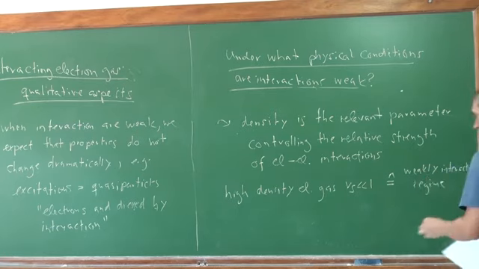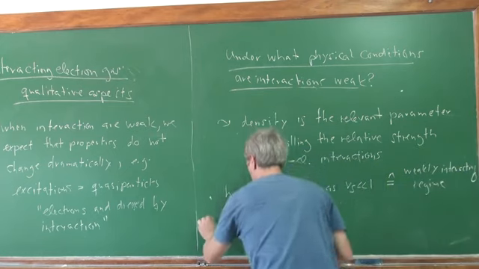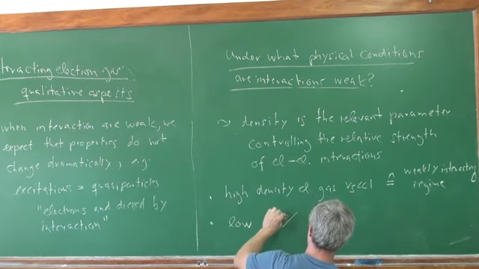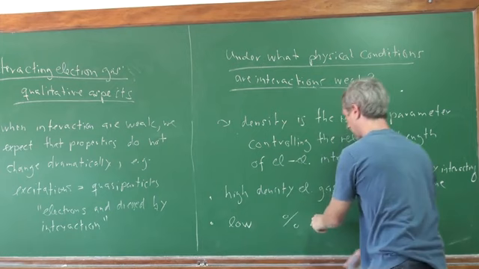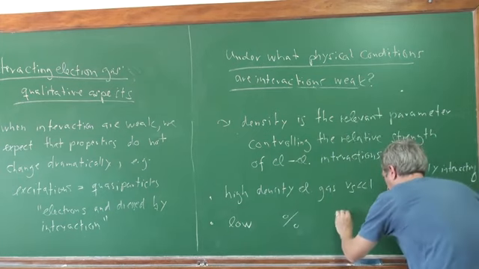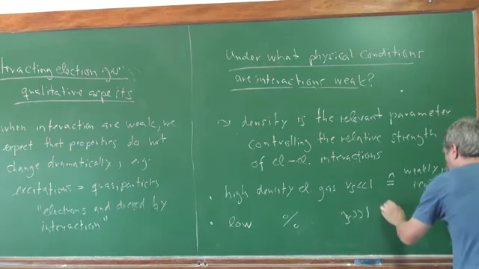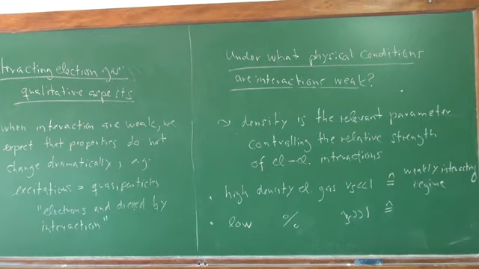And then there's the opposite limit of the low density electron gas, where rs is much larger than 1, meaning that the interaction energy is much larger than the kinetic energy, meaning that we are in the strongly interacting regime.